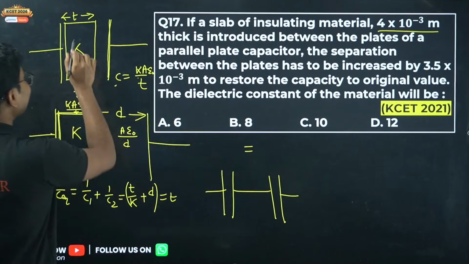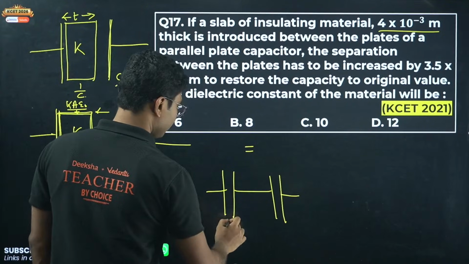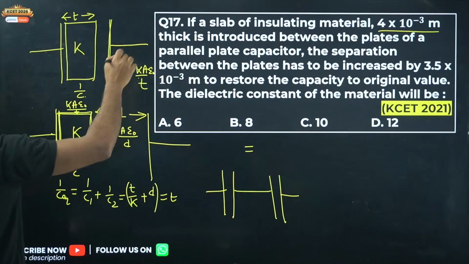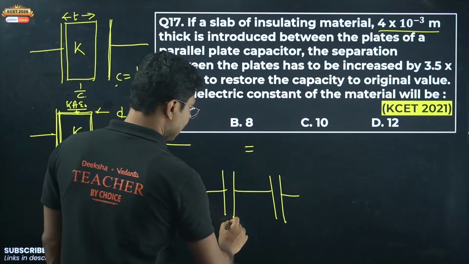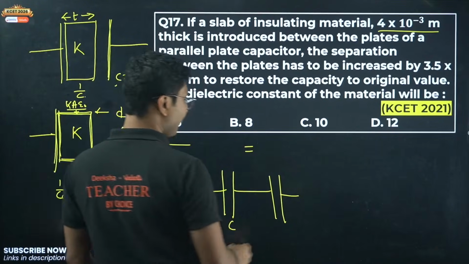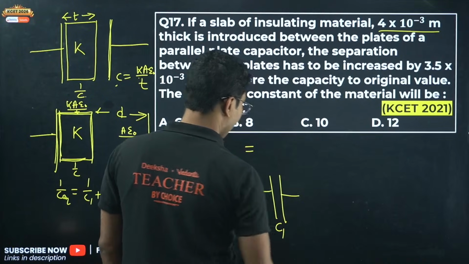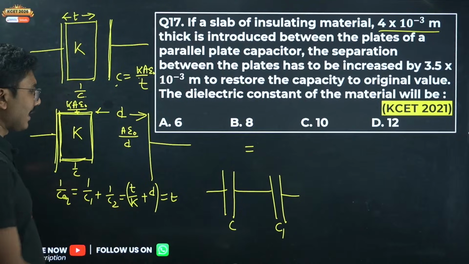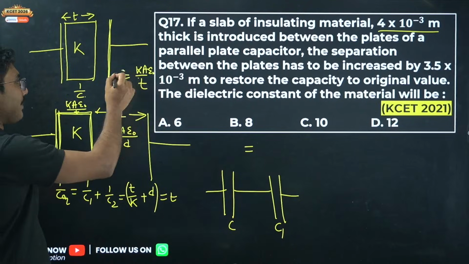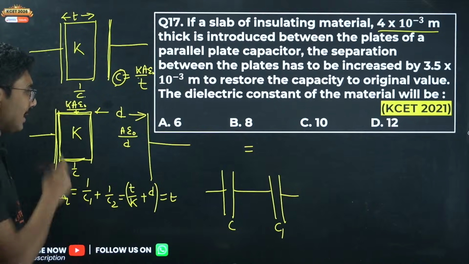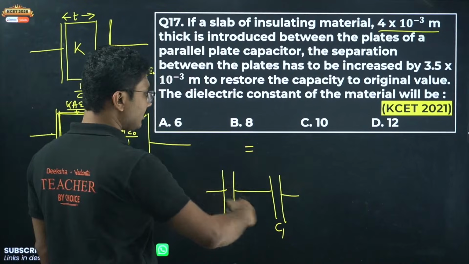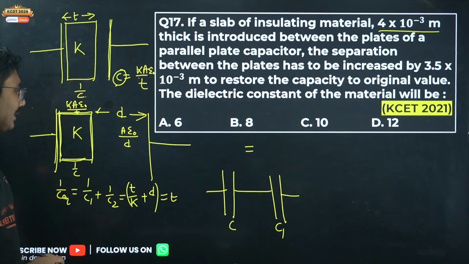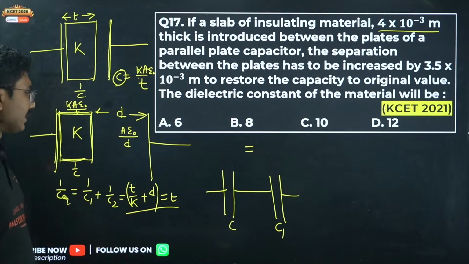After adding, you should get back the old capacitance as well. So the equivalent capacitance of these two should be equal to C, and that's how I have calculated this formula.